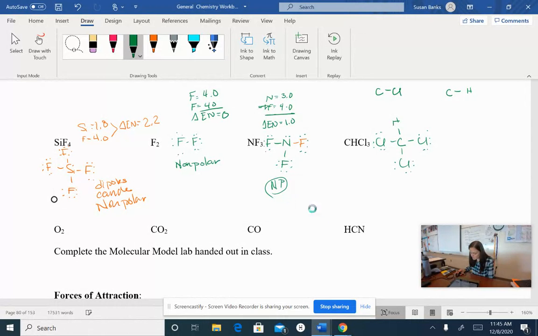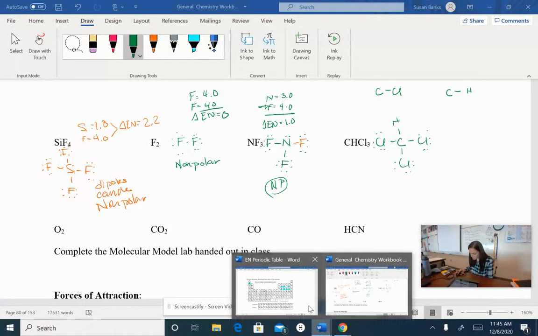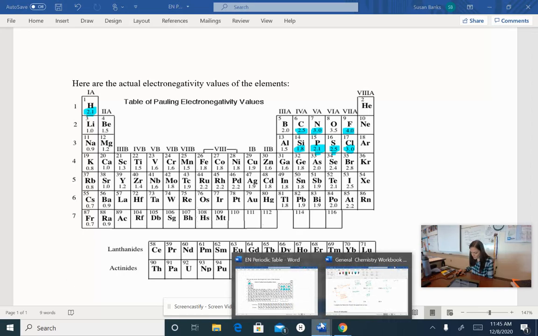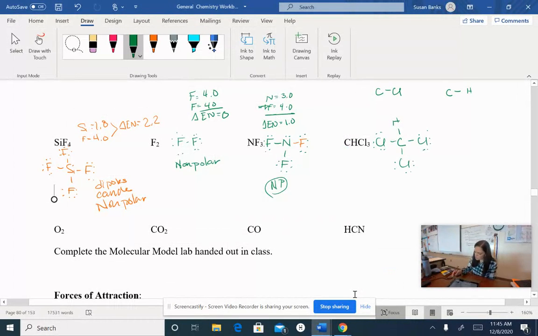So carbon, let's look up carbon. Carbon is 2.5 and chlorine is 3.0. So let's look at that bond first. The difference there is 0.5.